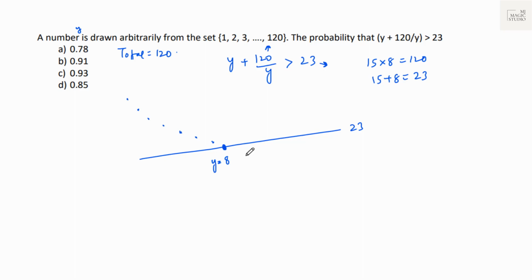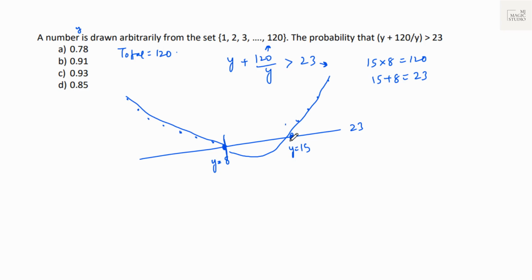Just also find out when you will get back the value 23 again. You will get back the value 23 when y is 15. So when y is 8 and y is 15, 120 by 15 is 8, you are getting the value 23. But beyond 15, that is 16, 17, 18, you will get a curve like this.